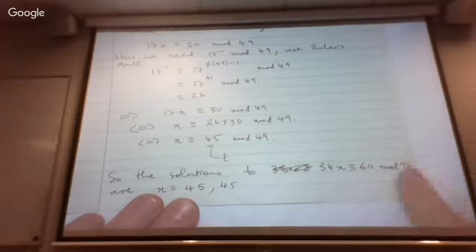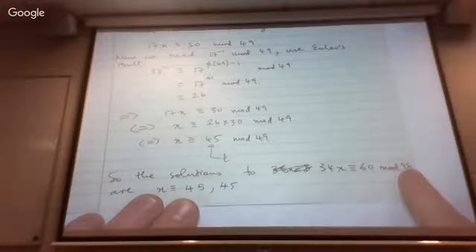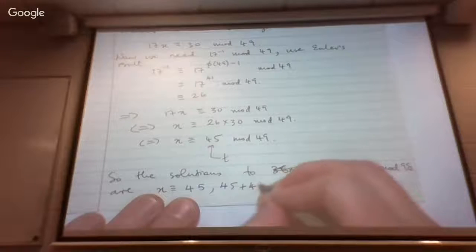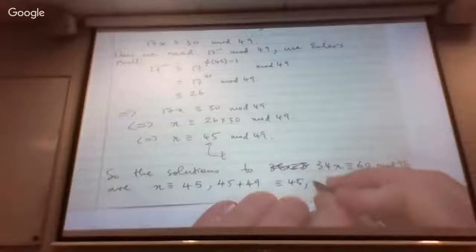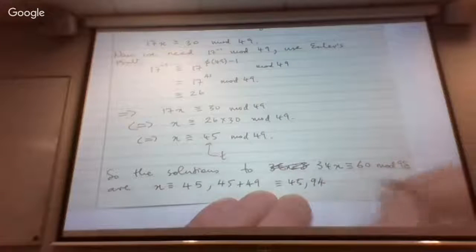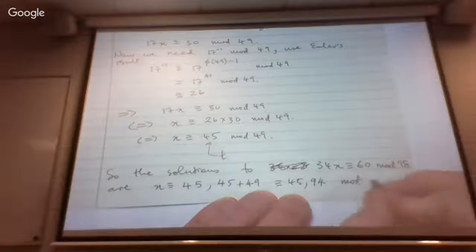The n over d is 98 divided by d, and d is 2, so that's plus 49. So that's 45, or what's that? 94. So those are the two congruence classes, modulo 98, which solve the original 34x congruent to 60 modulo 98.